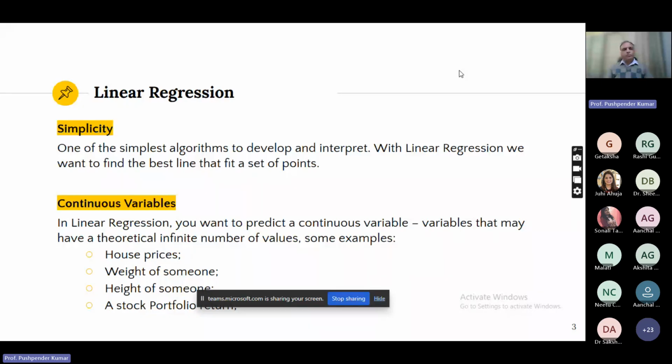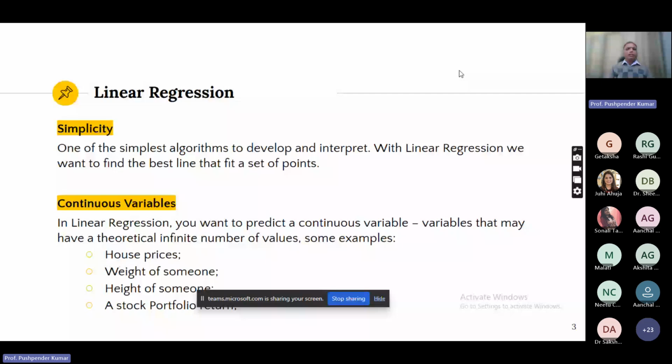And you want to predict what would be the house price if it is in the city, urban area, rural area, on the basis of area, or how many stories it has. So you want to predict a continuous variable, which may be impacted by different independent variables. So this is actually a linear regression.